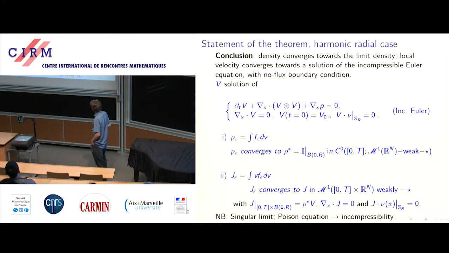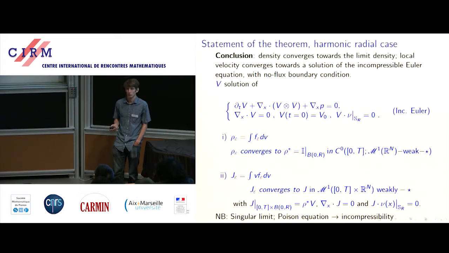The density converges to a limit density rho star, which is the minimizer I've shown you before. And if you look at the current, essentially it will be the limit density times a velocity, and this velocity v indeed solves the incompressible Euler equation. So we have the convergence we were looking for.